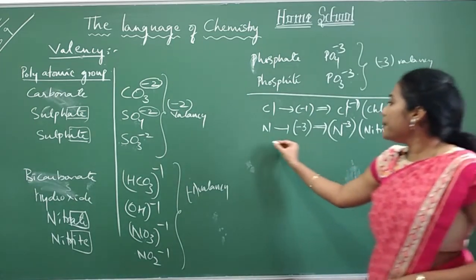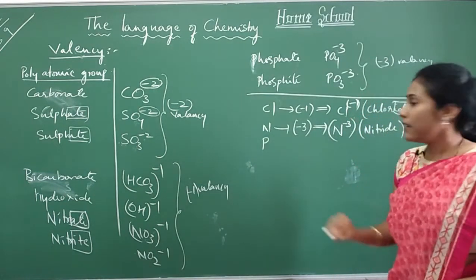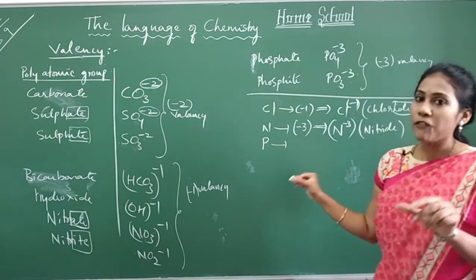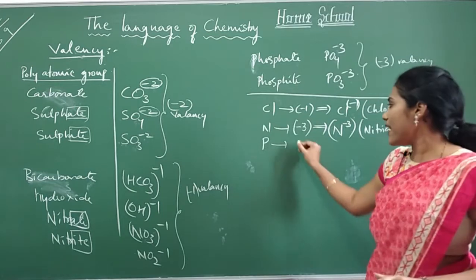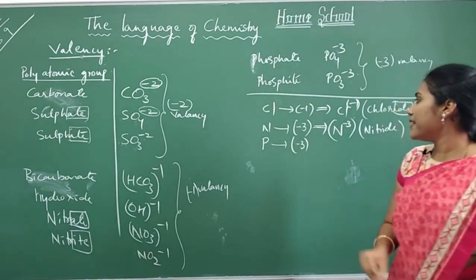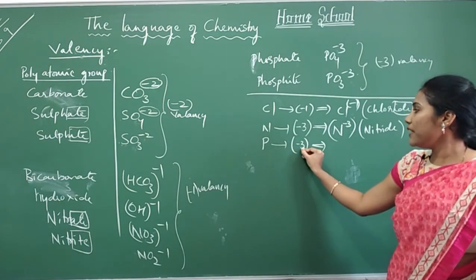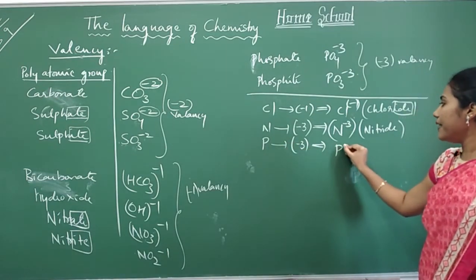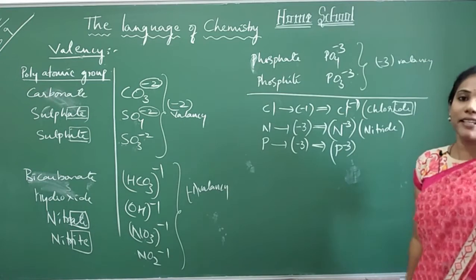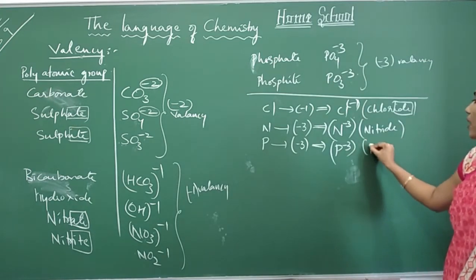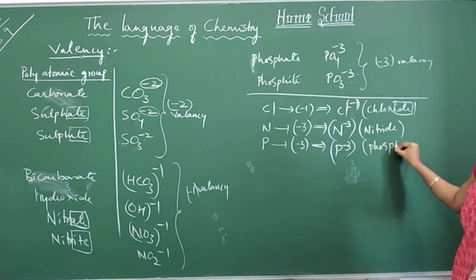So similarly, phosphorus is there. Phosphorus belongs to 15th group element. What is its valency? Valency is minus 3. If you put the valency with the symbol and write, then you will be writing P minus 3. P minus 3 is called phosphide.